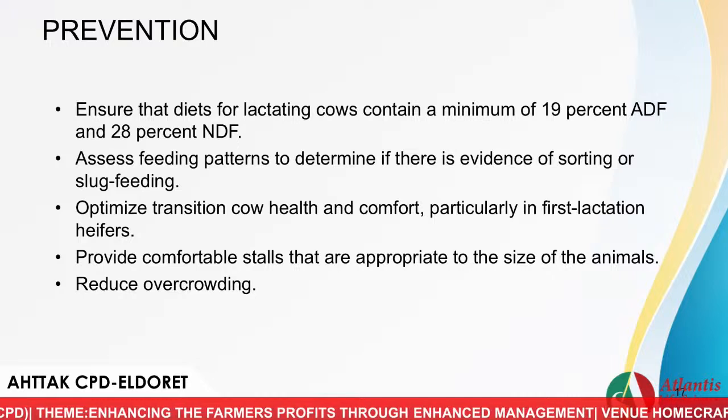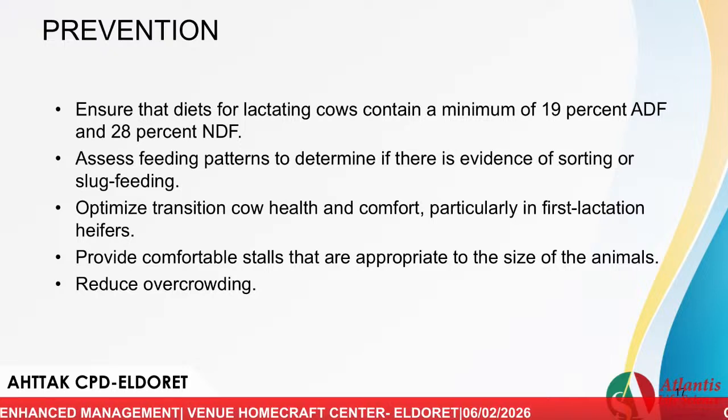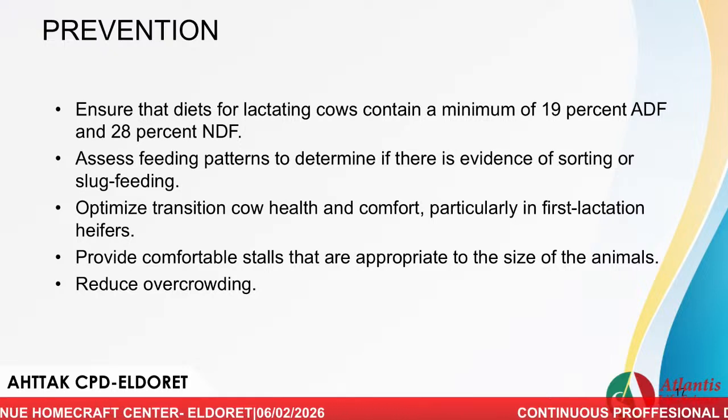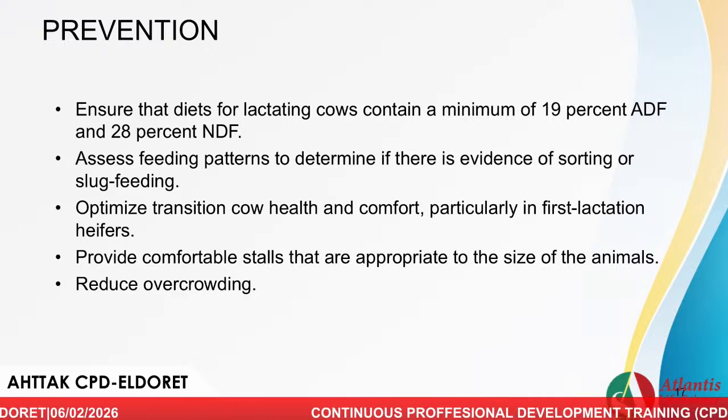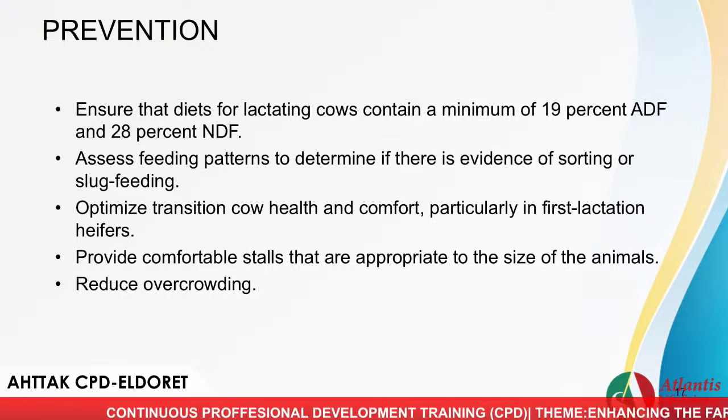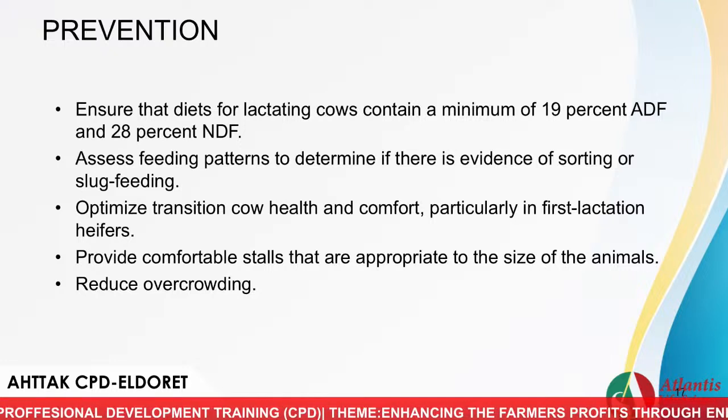So we use a product that will bypass the fermentation so that there will be no lactic acid production. So you use white energy that will bypass the rumen and go direct to the bloodstream of the cow, and it will give even more energy than what the concentrate could have given to that cow. So we are trying to optimize the transition cow health of that animal.